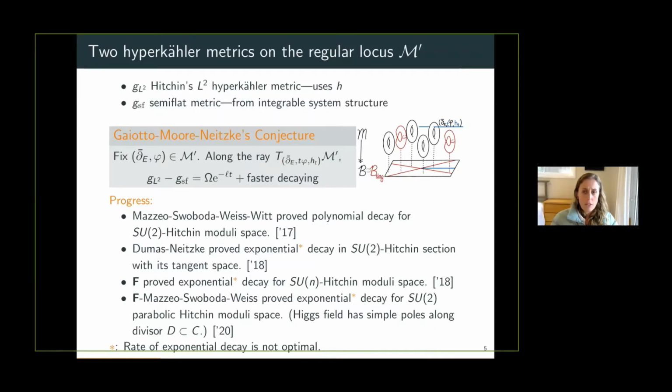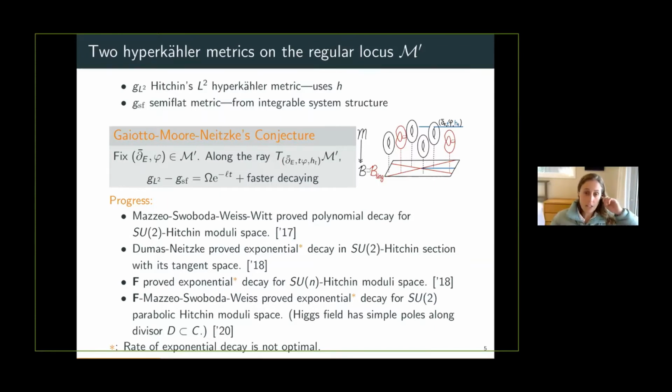In some sense, this metric is singular as you approach any of the singular fibers, because it's far too symmetric. Because it's flat on the torus fibers, you can see something developing when you have something pinching off. So this semi-flat metric is too symmetric to extend across the singular locus.